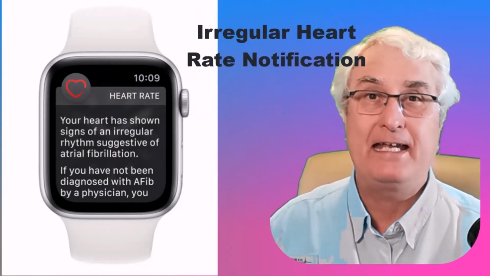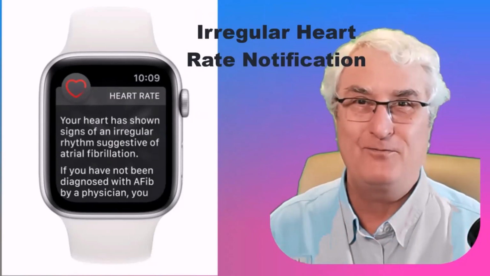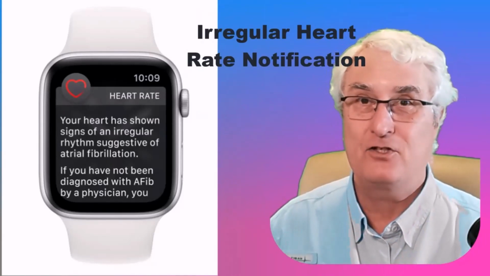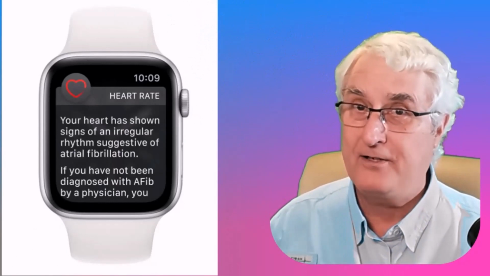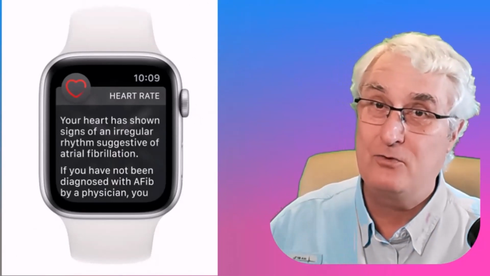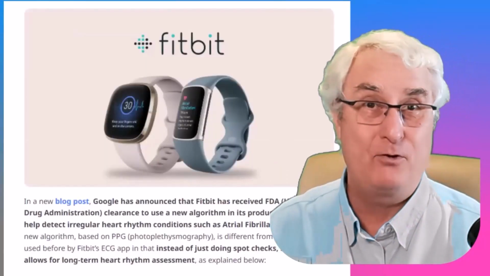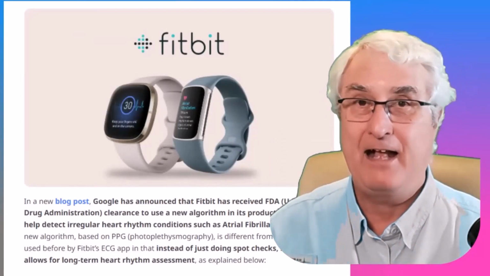It was called irregular heart rate notification. This is a feature on the Apple Watch, and it goes back to a whole bunch of earlier Apple Watches as well. The same thing happened with Fitbit.